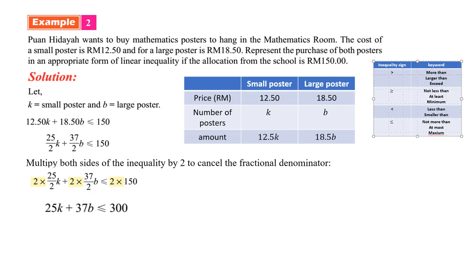So in this case, we have to multiply both sides of the inequality by 2 to cancel the fractional denominator. So we multiply all the terms in the linear inequality by 2. So we get 25k plus 37b less than or equal to 300.